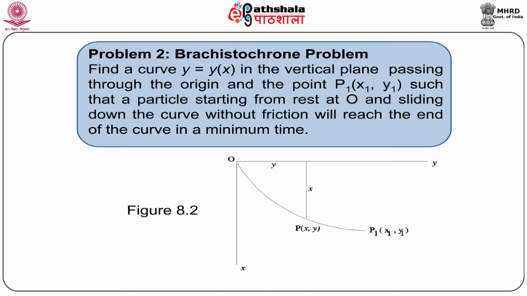This is x and this is y. The particle is sliding down this path in this way. We have to find a curve so that the particle reaches the end point in minimum time. We shall find the shape of the curve.